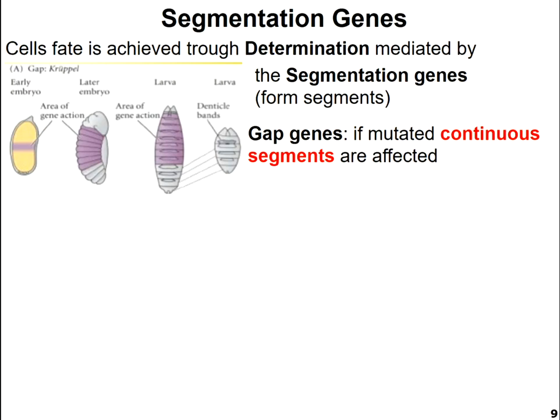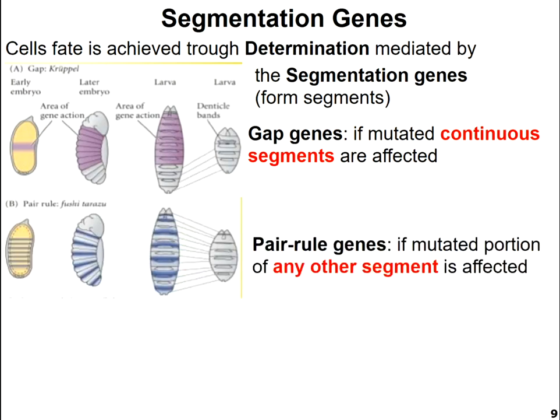So these gap genes are expressed in several continuous segments. If you compare this larva on the left with the small larva on the right, the small larva on the right is missing all these purple segments where we have expression of Kruppel. So if you remove the expression of Kruppel, we lose all those segments.